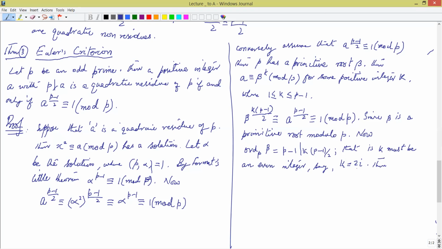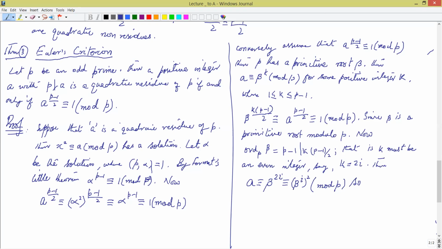Then a is congruent to beta to the power 2i, which is congruent to (beta to the power i) whole squared modulo p.